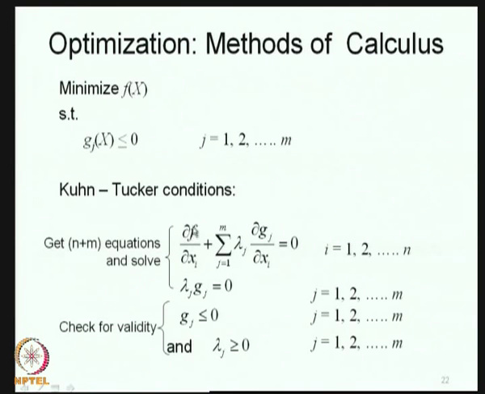So, for a given i, the first partial derivative of the objective function f with respect to the ith variable xi plus summation j equal to 1 to m of lambda j dgj by dxi is equal to 0. So, this is the first set of conditions: df by dxi plus summation j equal to 1 to m lambda j dgj by dxi is equal to 0, and we write this for all i equal to 1, 2, etc., n. So, you get n such conditions.